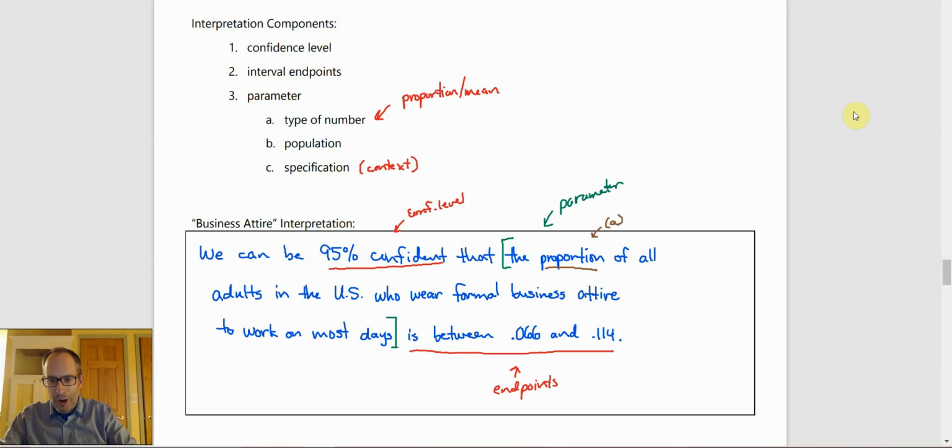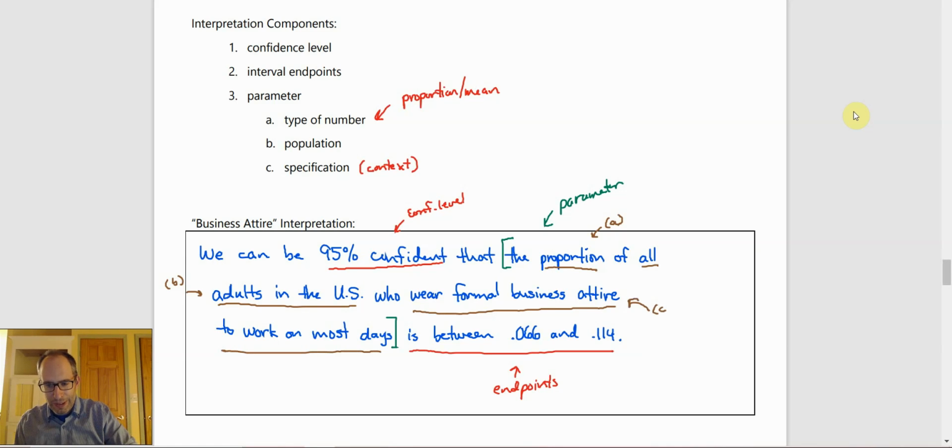And then all adults in the US, that's the population. So then that's B. And then the proportion of all adults in the US who do what? Well, who wear formal business attire to work most days. So the wear formal business attire to work most days, that would be the specification or context part.